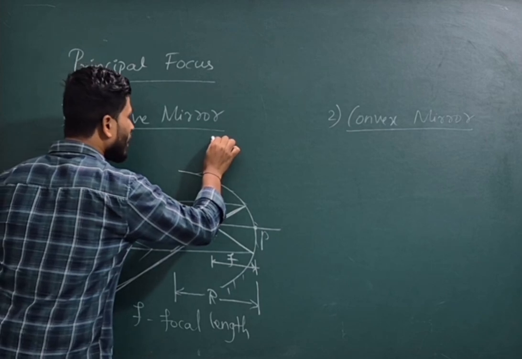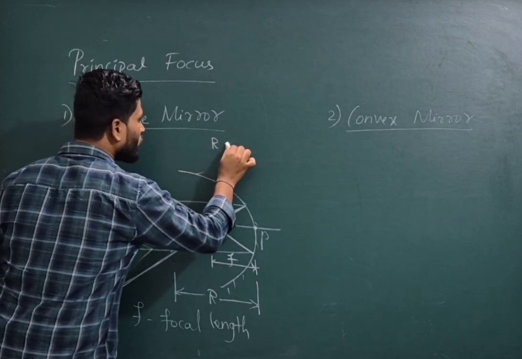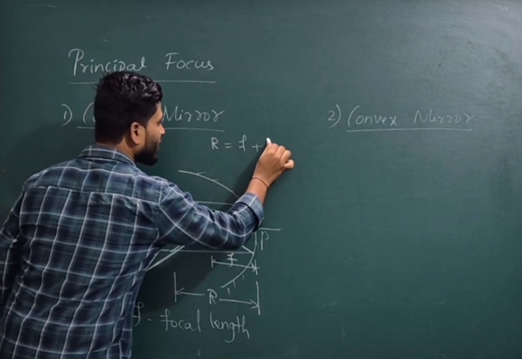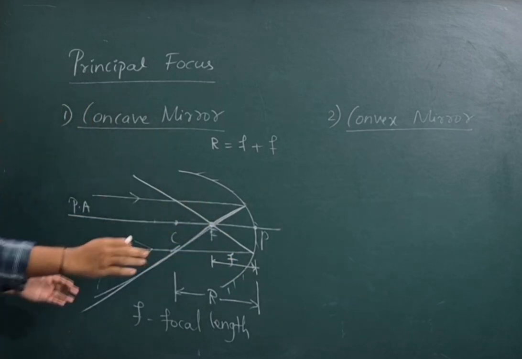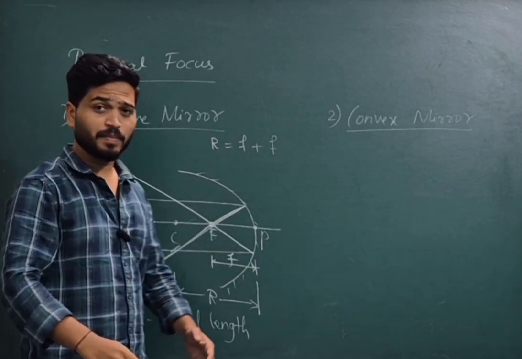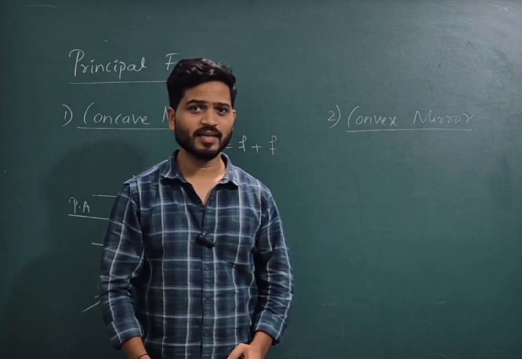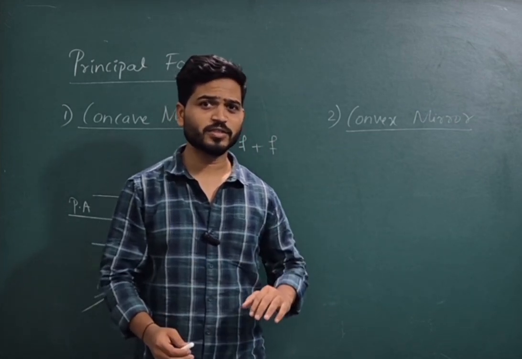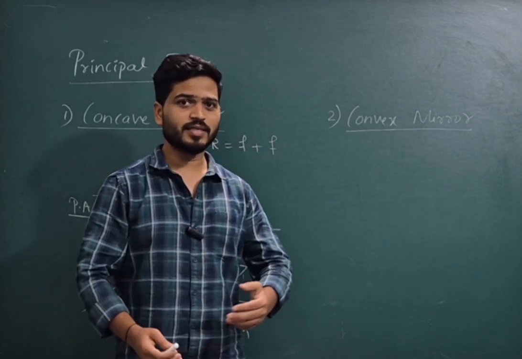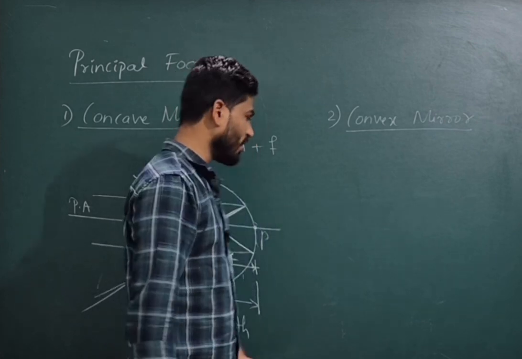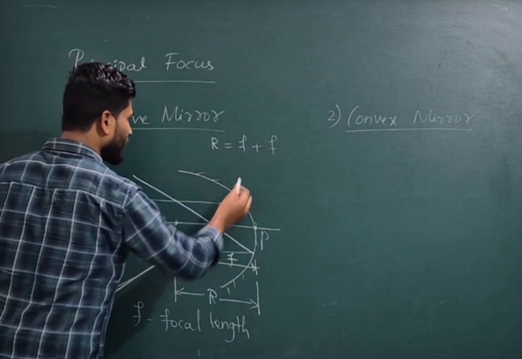We know that R equals f plus f. Don't get confused. I'll be explaining completely. Okay. In my class, I'm going to explain deeply. You should not have any doubts after my class, because this is how I'm thinking about my class, right? All of you. R equals f plus f.